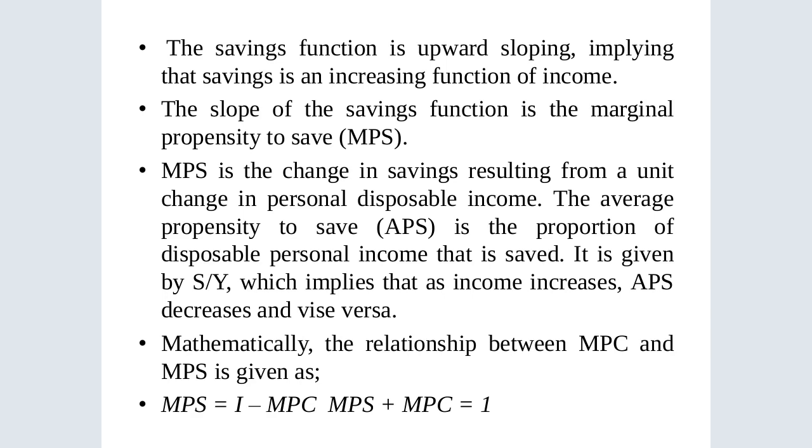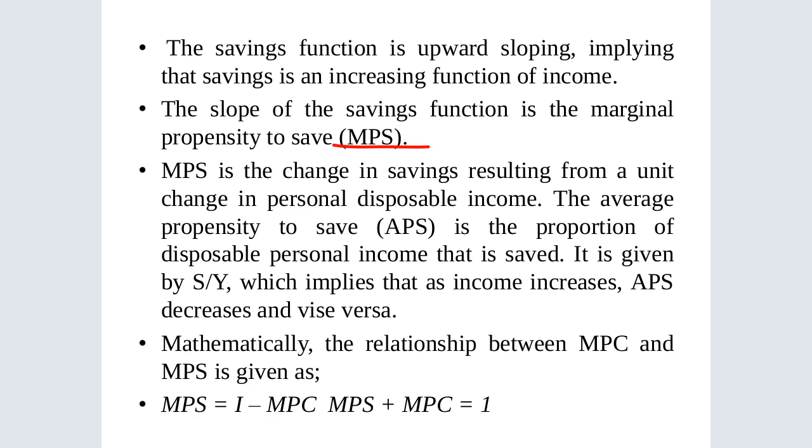Now the slope of the savings function is what we refer to as the marginal propensity to save, that is MPS. So the marginal propensity to save is the change in savings resulting from a change in personal disposable income. That's a unit change in personal disposable income.